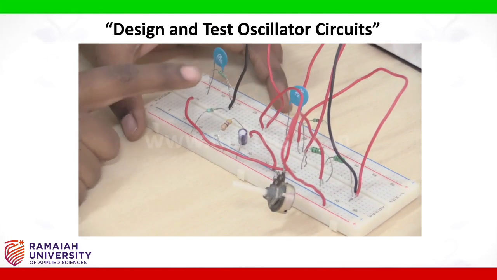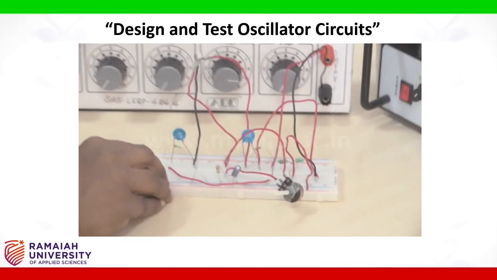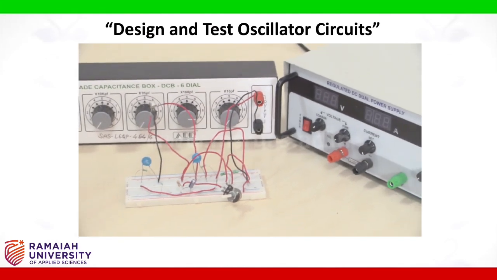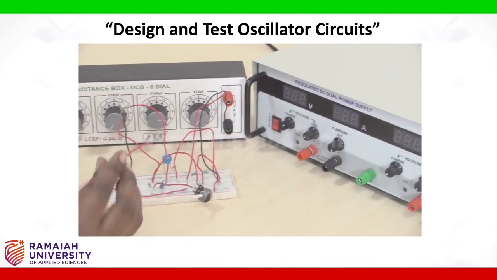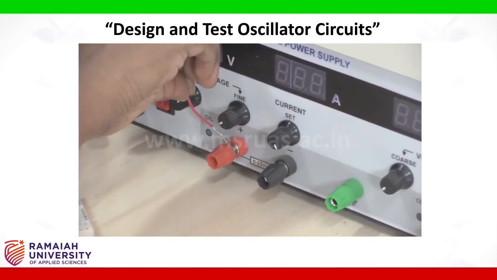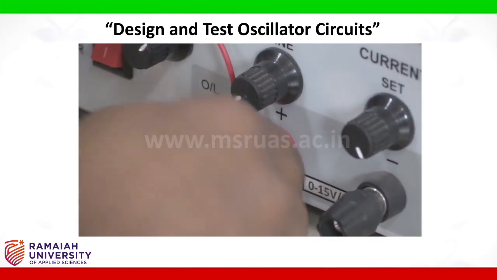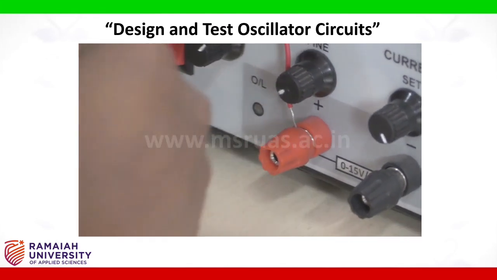Next, we will give supply to the circuit. Take two more connecting wires, connect from positive of the supply and give this to the supply line.